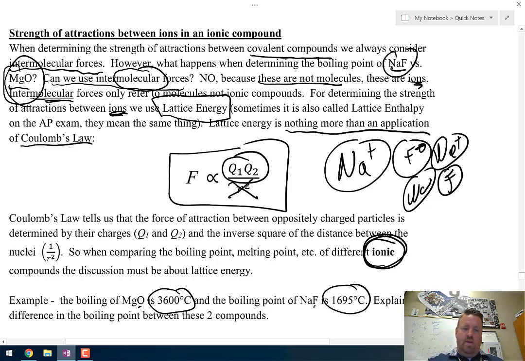However, you've got that Q1, Q2, those are the charges. Magnesium has a +2 charge, oxygen has a -2 charge, whereas NaF only has a +1, -1. The greater the charges, the greater the force of attraction, the greater the boiling point.